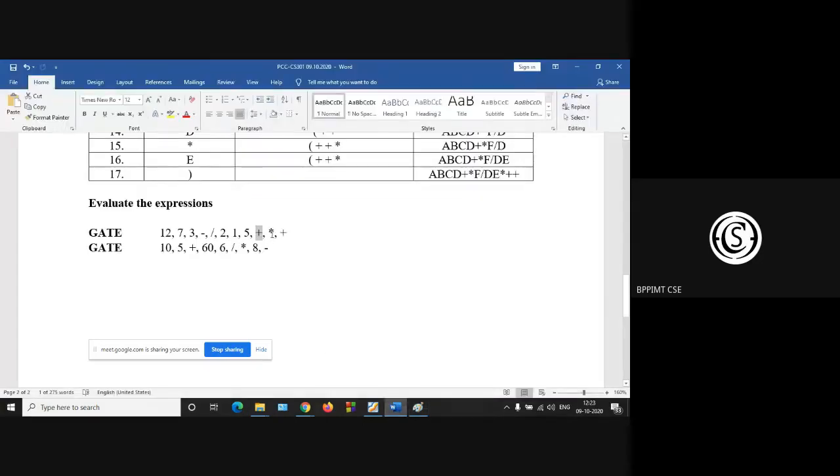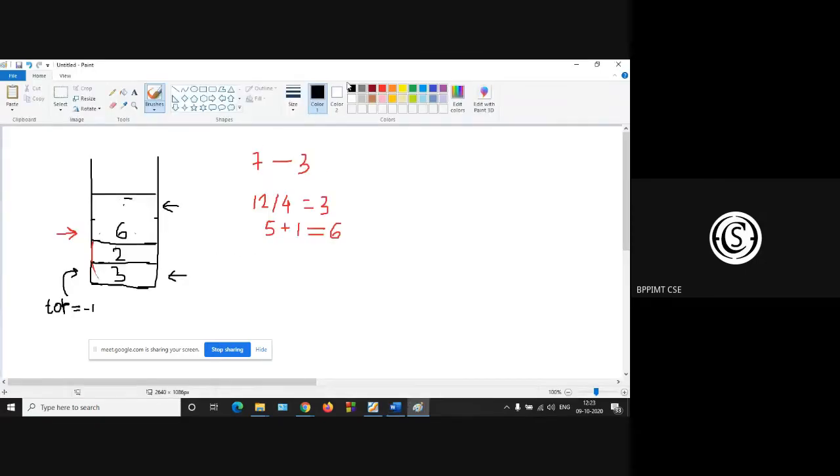Next one is multiplication. For multiplication, you have to multiply the stack top and just below the stack top, these 6 and 2. So 6 into 2 is 12. And you have to put this 12 at the stack top.